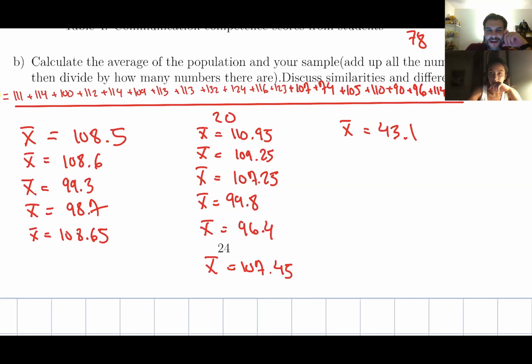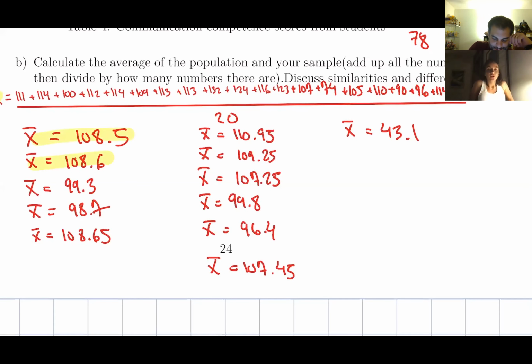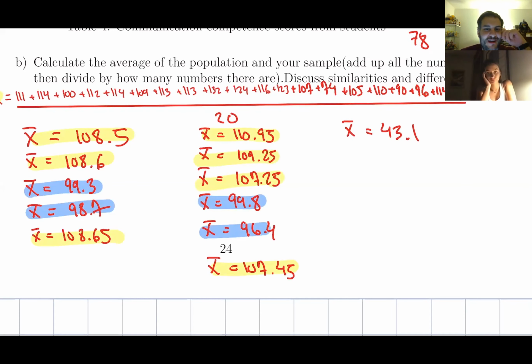Yeah, so if you look at it, all these numbers are relatively close to each other. And then we also have this other group of pretty much just the high 100s. They're pretty close to it.